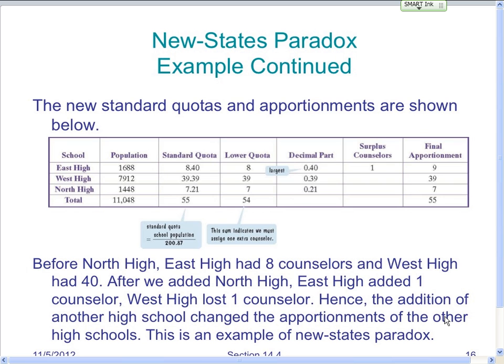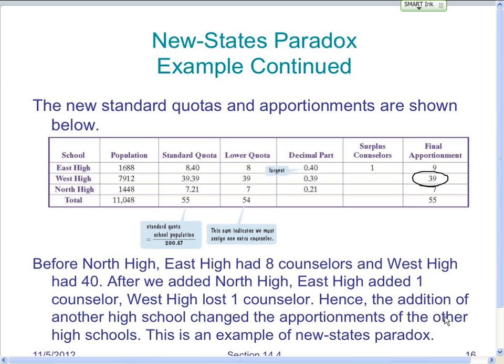Hamilton's method, we get a final apportionment of 9, 39, and 7. Now notice, originally East High had 8 counselors. The 7 new counselors go to the North High School, which is as you would expect. But West High went from 40 counselors down to 39.